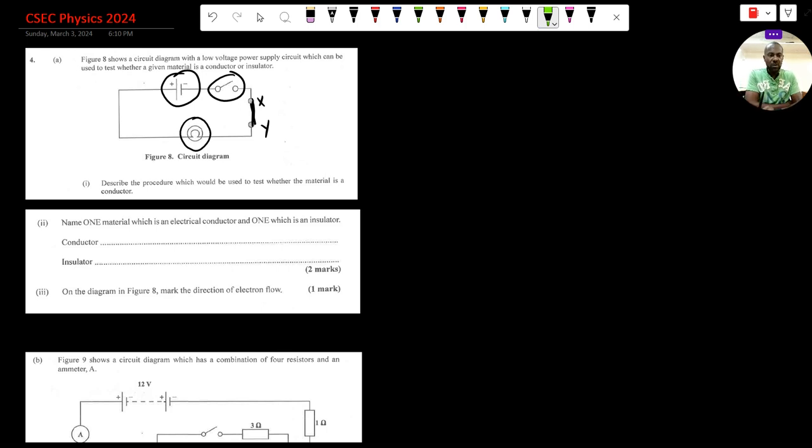We know that metals generally are very good conductors of not only heat but electricity as well. So a lot of metals are used in electrical circuits, but probably the most commonly used metal is copper. A lot of the wires in our electrical circuits are made of copper because copper is a very good conductor. And so the conducting material that we want to make mention of is copper.